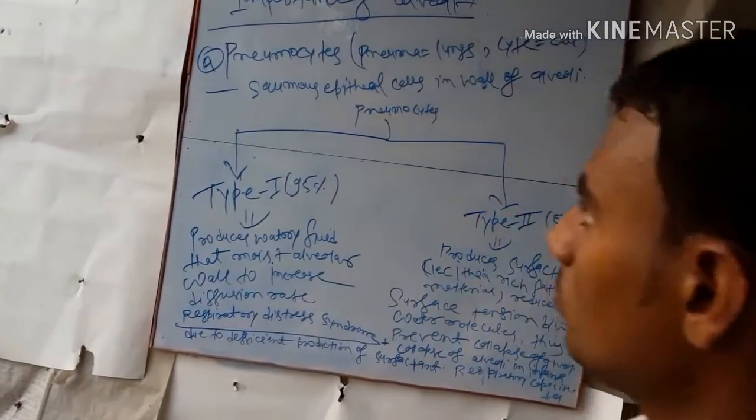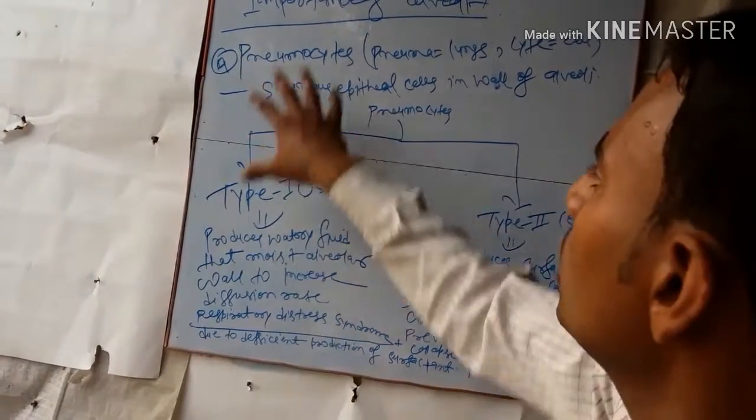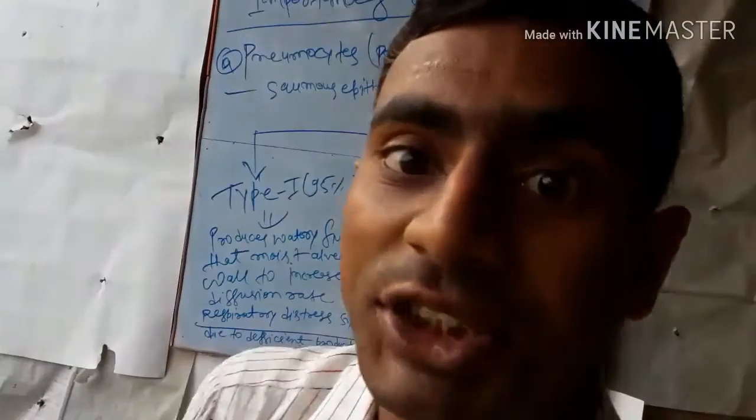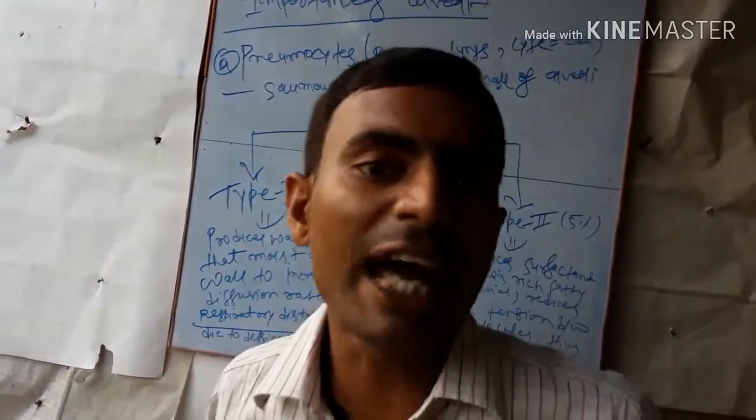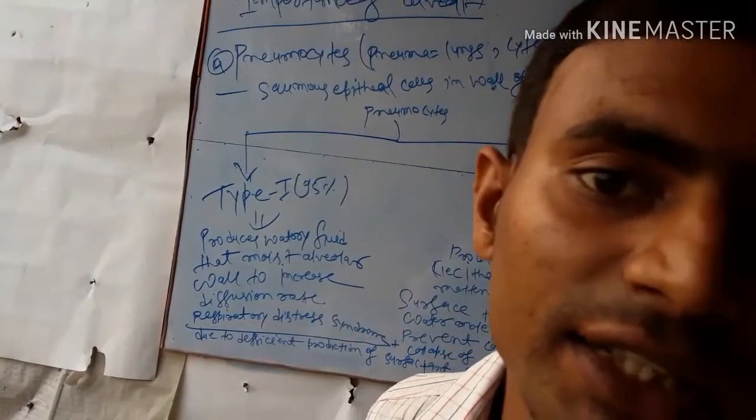This is the pneumocyte. Pneumocyte is formed from two words: pneuma and cyte. Pneuma means lungs and cyte means cell.